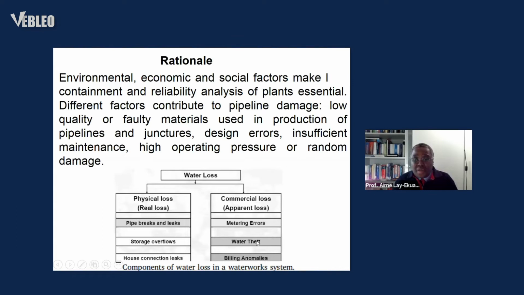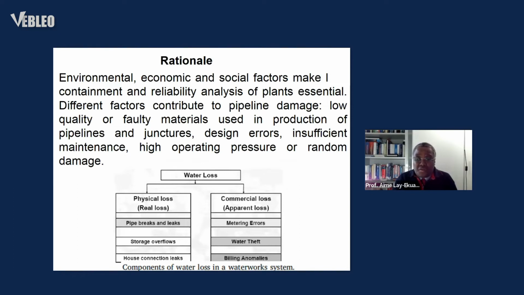Okay, but the company working in this field can also face the problem of the so-called apparent loss, that they can recover.